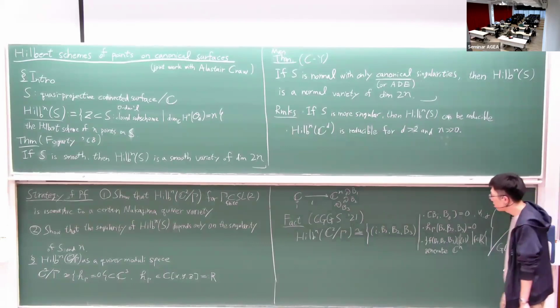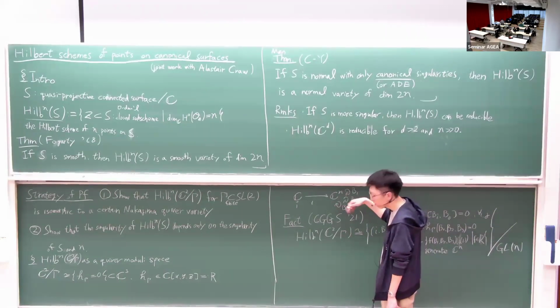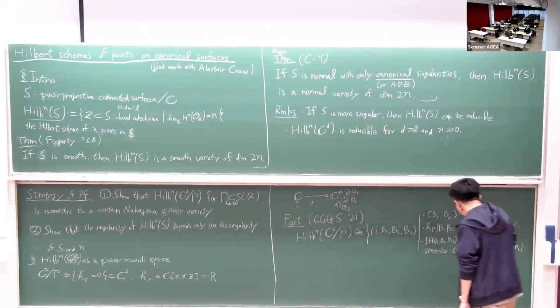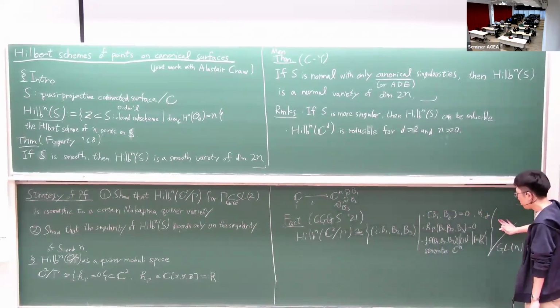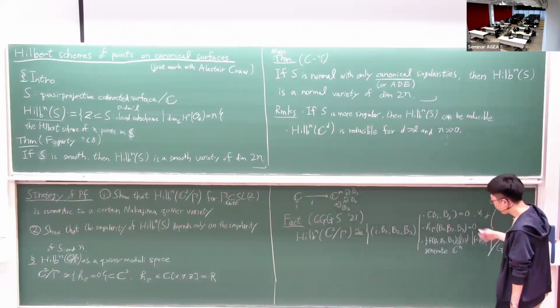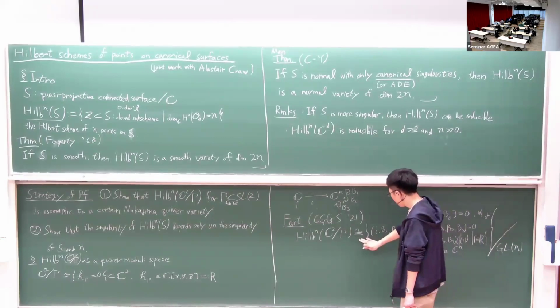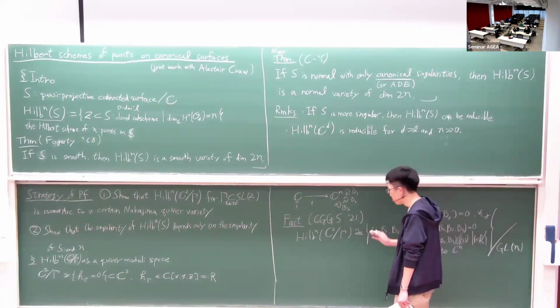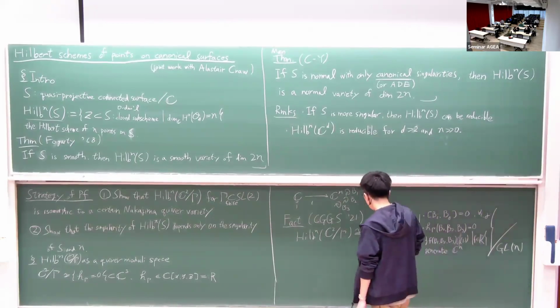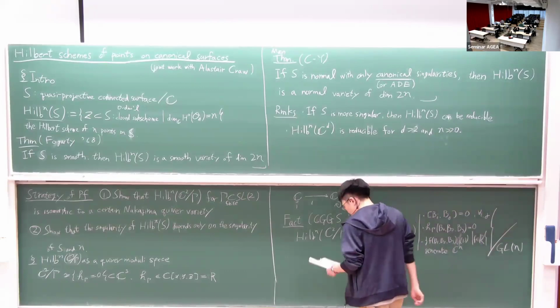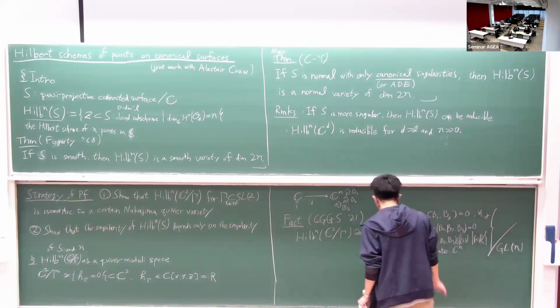Here, this GLn acts on this vector space by conjugation. Okay. So this space has a natural scheme structure, and in fact, this is an isomorphism as schemes, not just as sets.